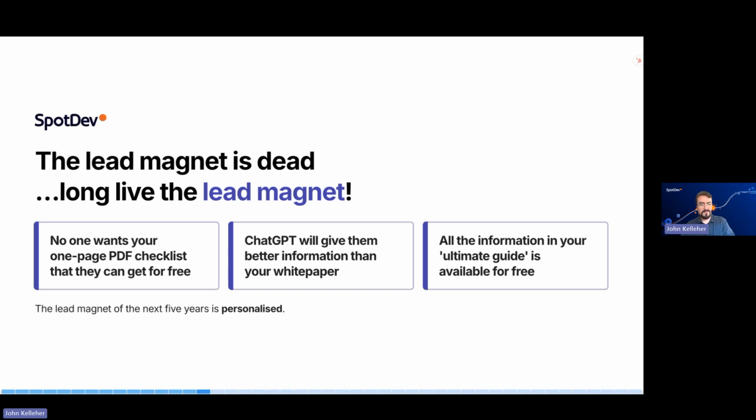If someone wants an in-depth answer to something, they will probably get better information from a conversation with ChatGPT than from your big white paper stored behind a landing page somewhere. And all the information in that ultimate guide that you spent months putting together is already available for free elsewhere.